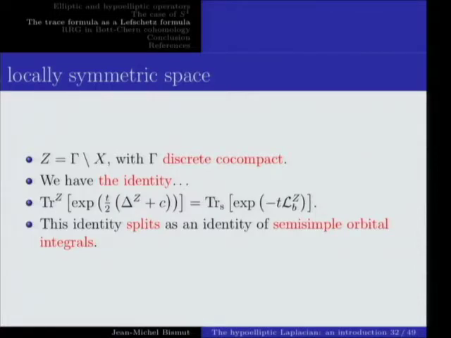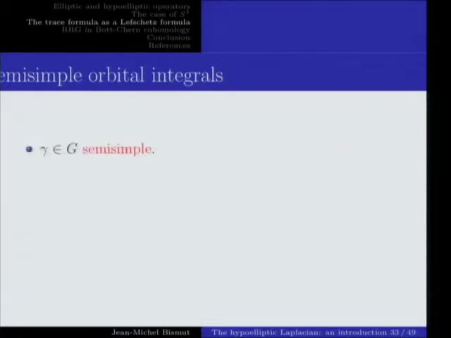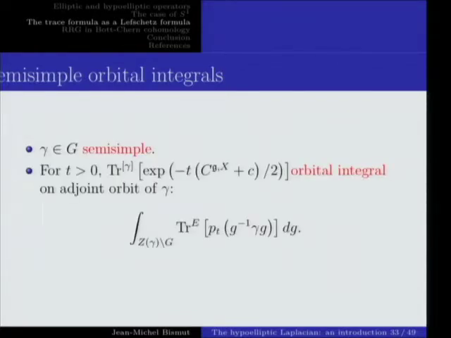So this identity can be broken down into an equality of the contributions on the symmetric space, so that ultimately the identity breaks down to an identity of semi-simple orbital integrals.